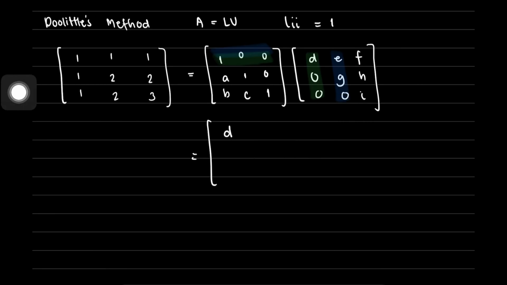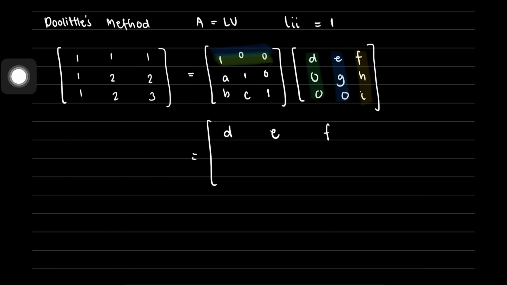Alright, let me just put it right here. Now, for the third element, we repeat the process, multiplying the first row with the last column. So we have 1 times F, which is equal to F, 0 times H, which is 0, and 0 times I, which is 0.